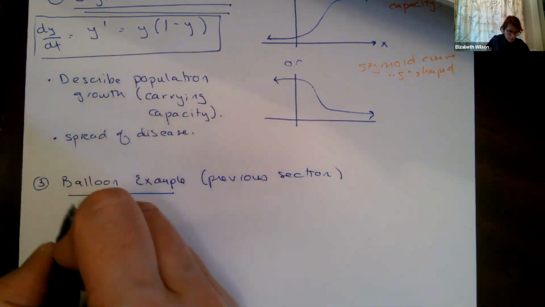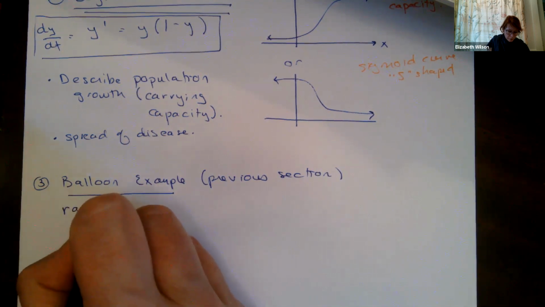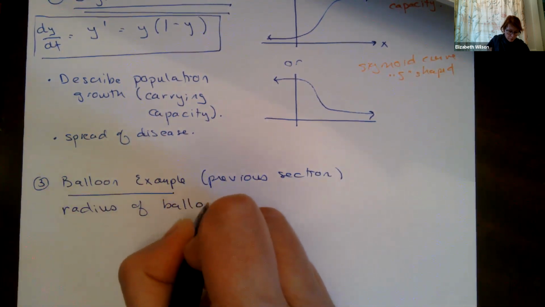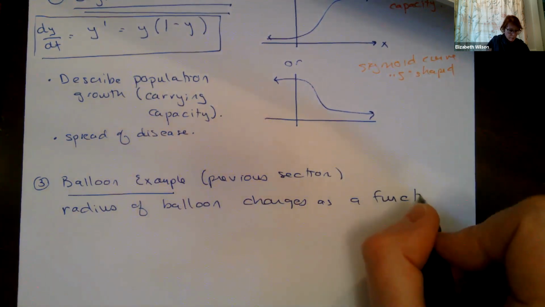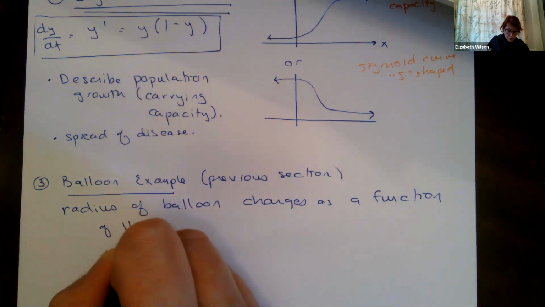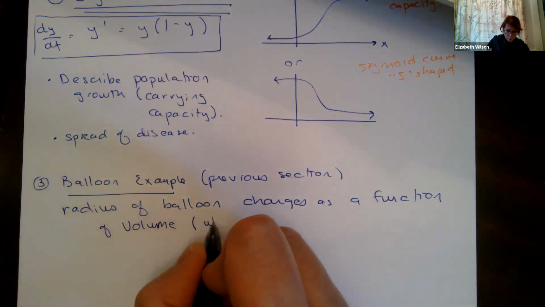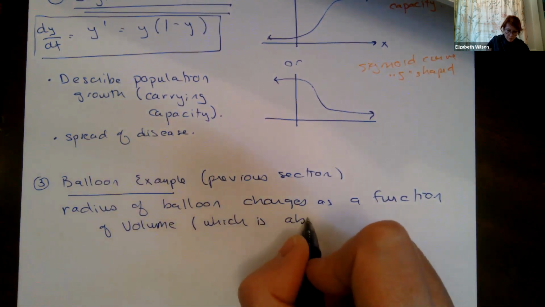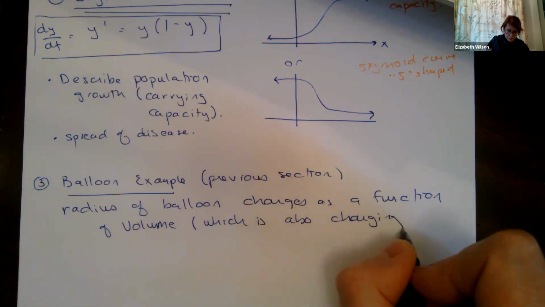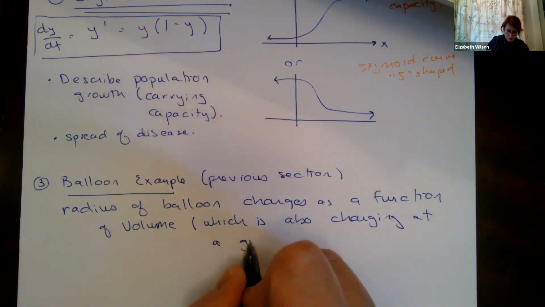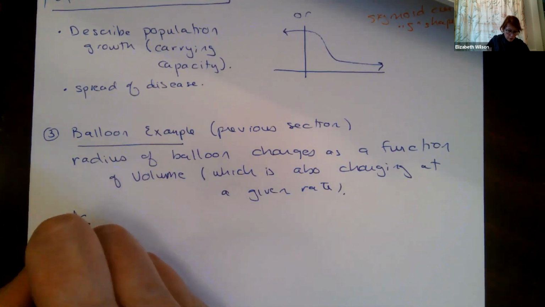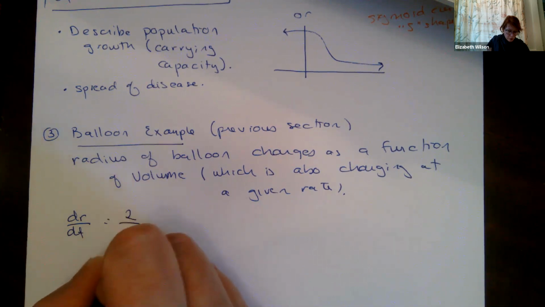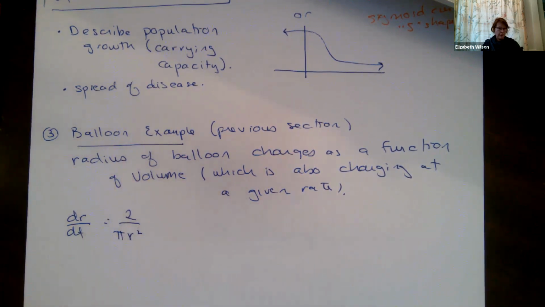So the radius of the balloon changes as a function of the volume, which is also changing at a given rate. So we say dr/dt is the thing that we're looking for, and that's 2 over pi r squared. We'll do that example out later, which is why I'm writing it down here.